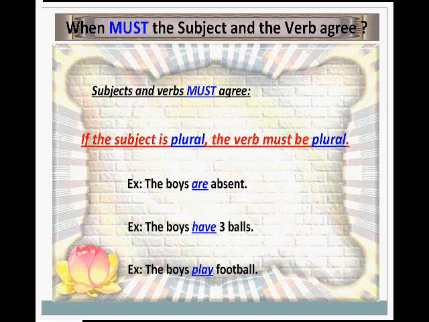But here I have the boys play football. So the S is in the noun, then I'm talking about plural nouns and definitely a plural verb, which is play, no S. So again, if the subject is plural, then the verb must be plural.